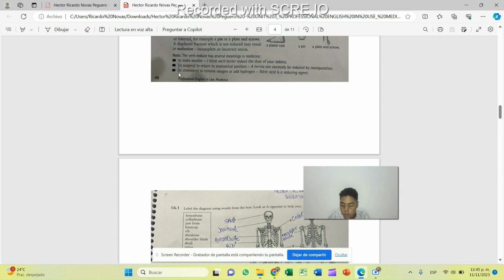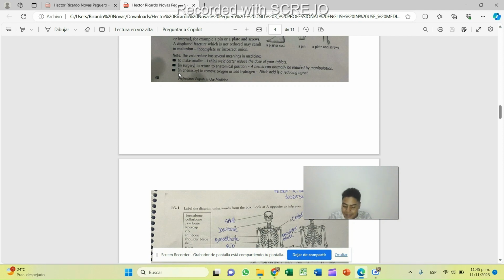Note, the verb reduce has several meanings in medicine. To make smaller or thinner, for example, reduce the dose of your tablets. In surgery, to return to anatomical position, a hernia can normally be reduced by manipulation.